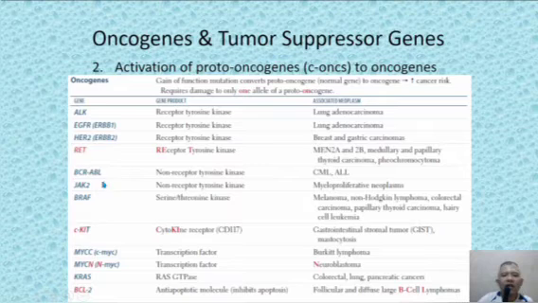BCR-ABL leads to CML, chronic myeloid leukemia. And what else? KRAS leads to colorectal CA, adenocarcinoma.